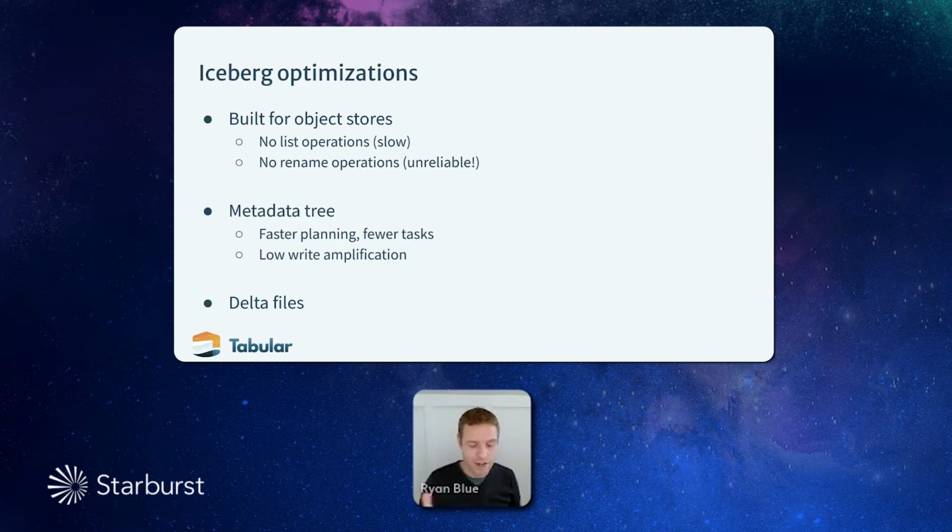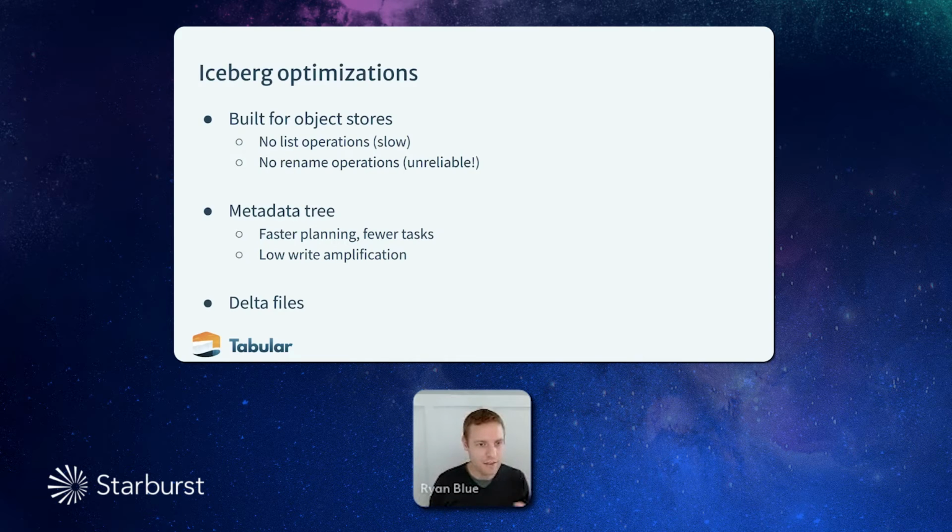Although if you're renaming all the files in a table, it can take an incredibly long time at commit time, but we're not really focused on the actual write time for Iceberg today. What we're focused on is the read path. The only thing I want to say about rename operations is that they're unreliable. So anything that relies on a rename operation in S3 in order to be correct is simply not reliable. So watch out for that.